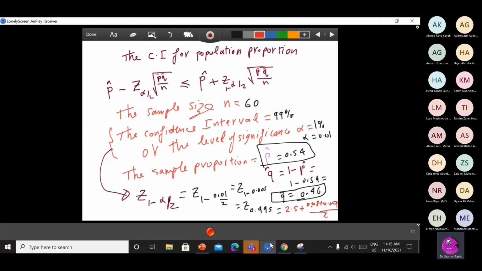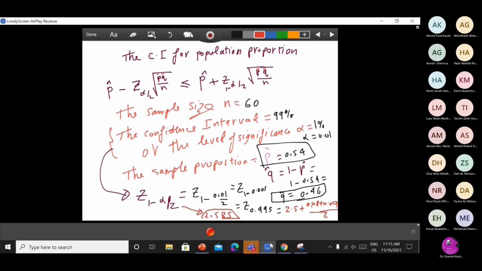So what do I have for Z? It will be 2.585, right? So this is the Z. Now I have everything.